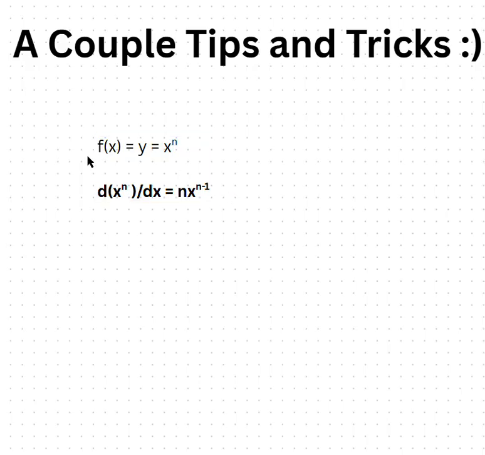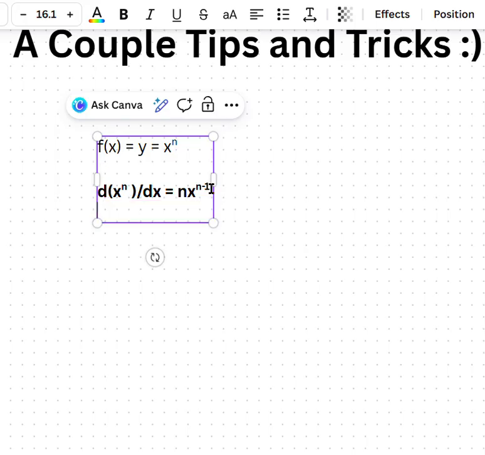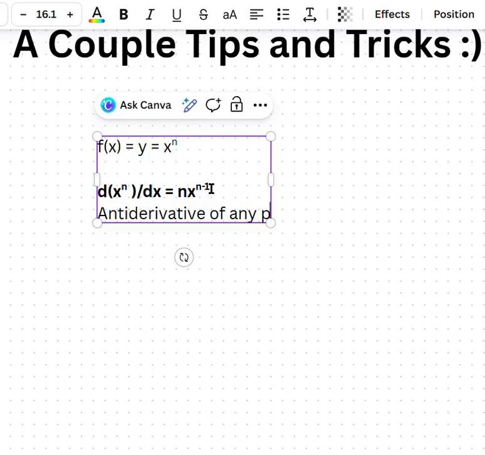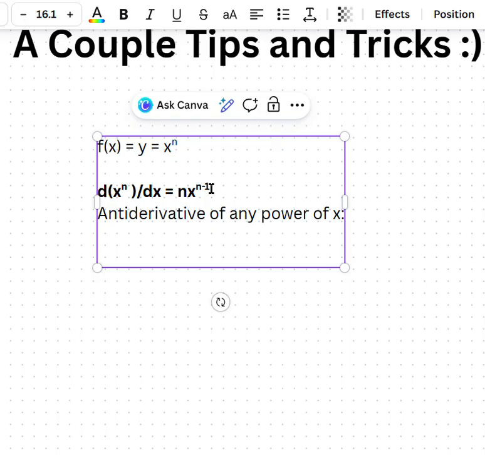That's the formula, and it's a little bit complicated. In part 3 of the series, I also introduced a different one, the antiderivative. The antiderivative I wrote for any power of x was x to the power n plus 1, divided by n plus 1.